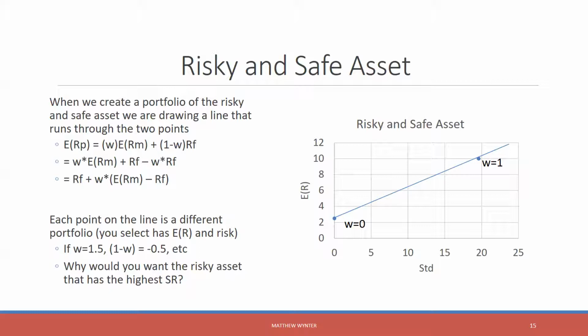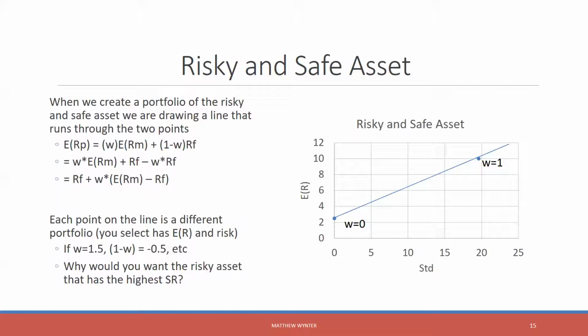Remember, if we have a weight of 0 on the risky asset, that means we have a weight of 1 on the risk-free asset, and vice versa. And again, our weights are not bounded to be positive. We could have a weight of 1.5 on the risky asset, which would imply that we are shorting the safe asset.